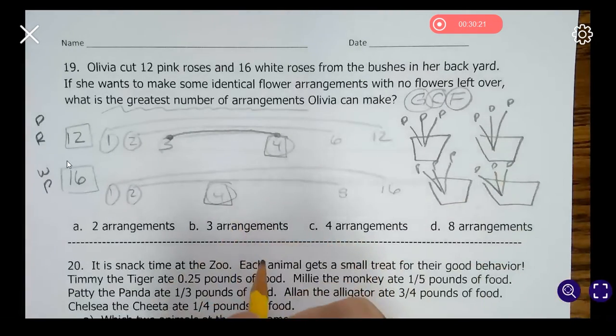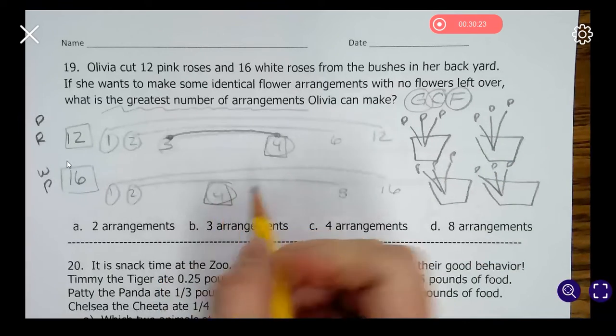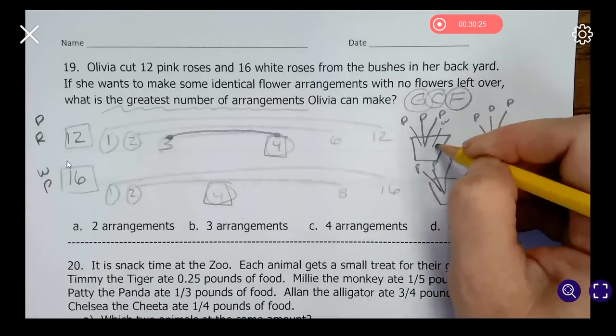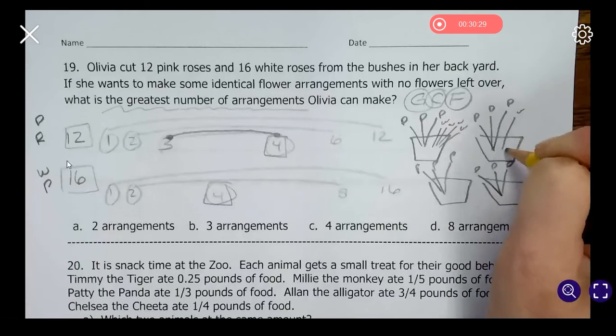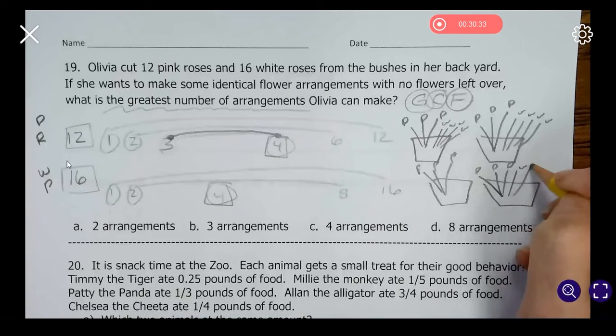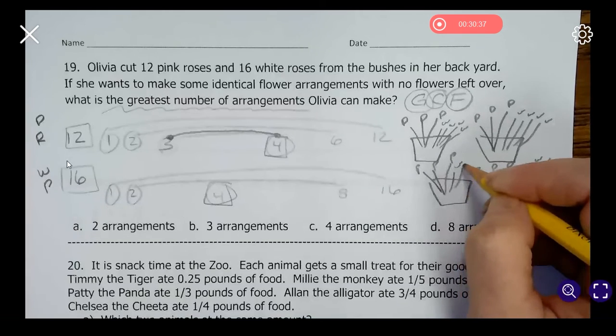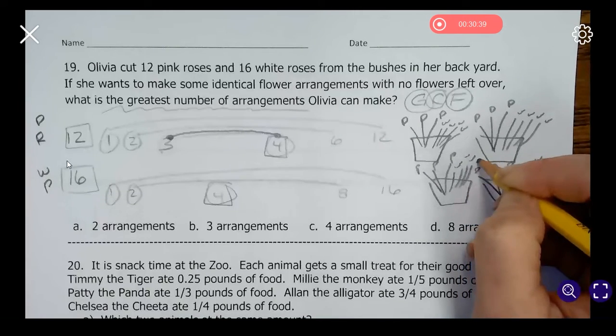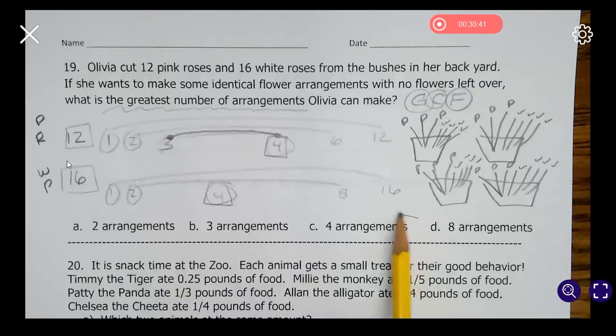Now this 4 is connected to 4, so that means you're going to have 4 white in each. Okay, but you're going to have 4 arrangements.